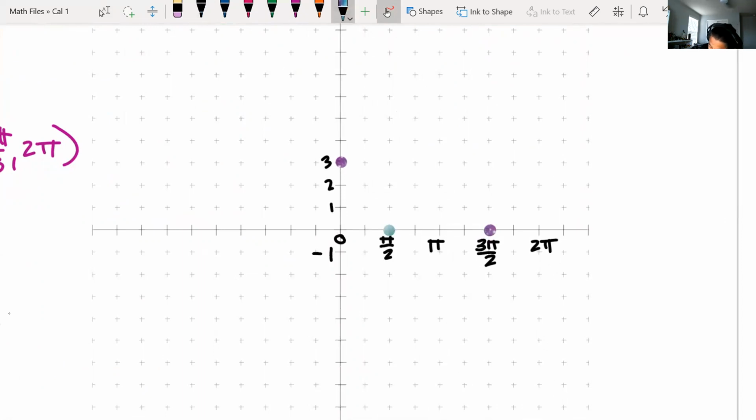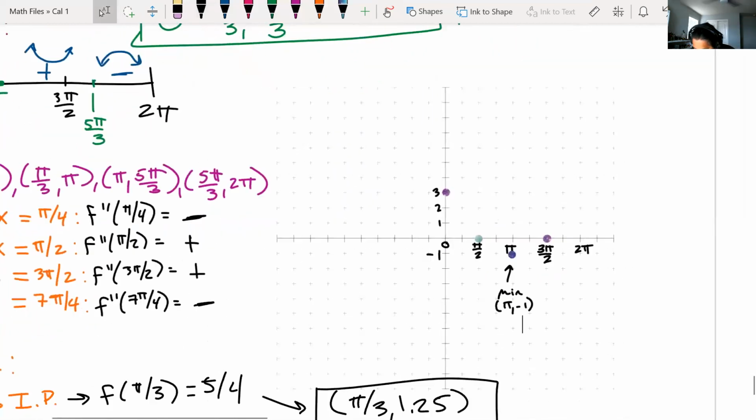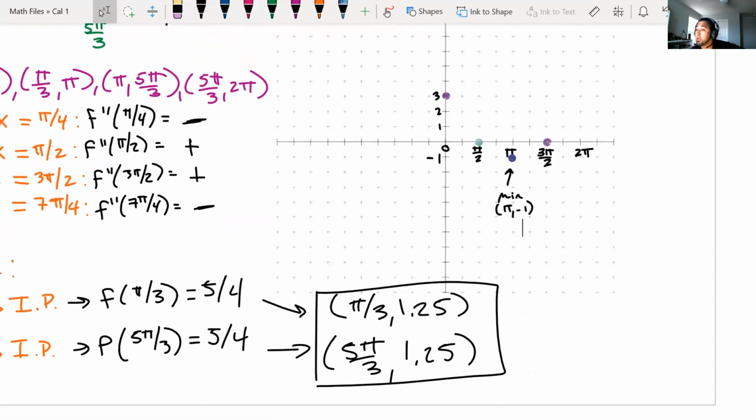So pi and -1 right there. There's my minimum. And then the last thing to plot is our points of inflection: pi over 3 and 1.25, and then 5 pi over 3 and 1.25.